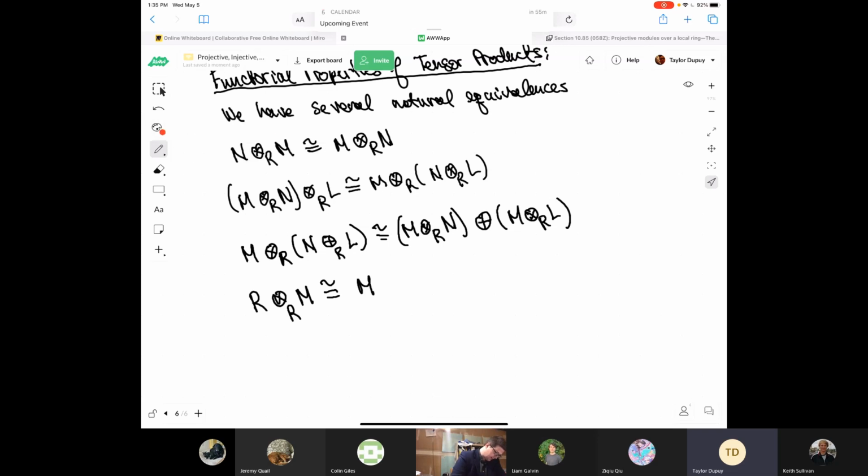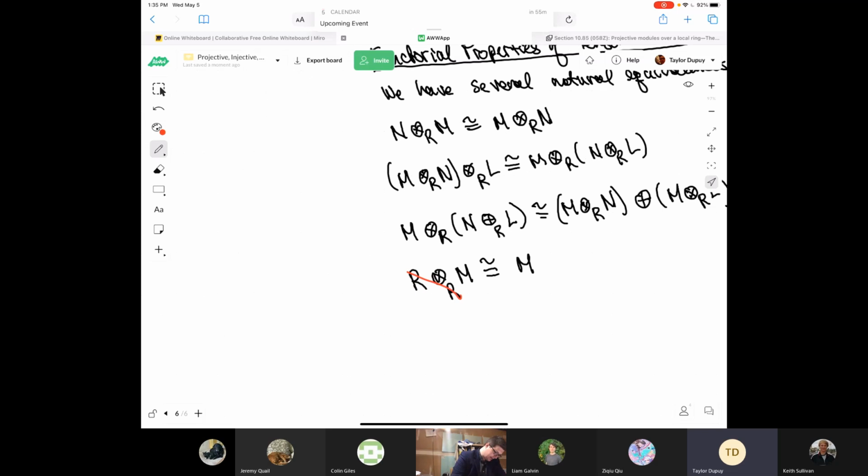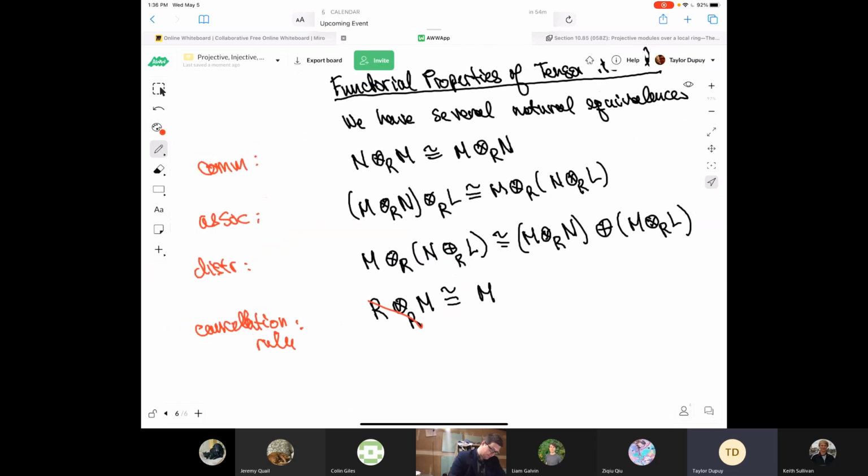Note that this is a cancellation rule. How do I spell it? Two L's or one L? Cancellation, there should be two, right? So this is a distributive rule, this is associativity, and this is commutativity. So we have a way to combine these things.